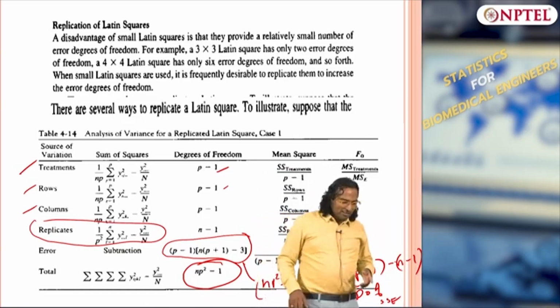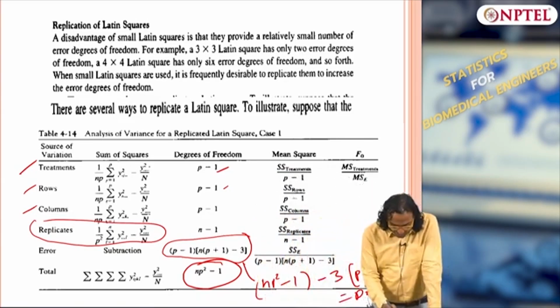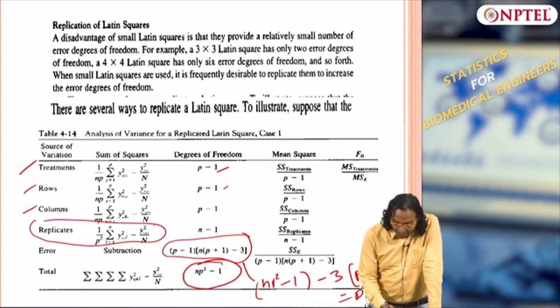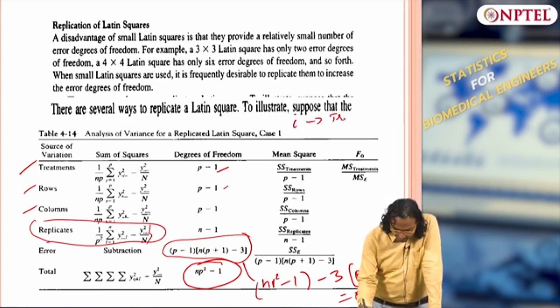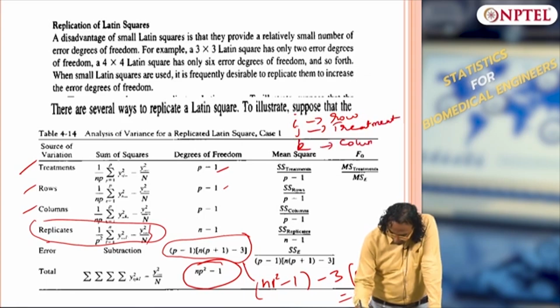Okay. So if you look at the formula, it will always be the same: y i square minus y triple dot, the grand mean, y 4 dot square divided by n. And for replicates it will be y triple dot L square, where L is the replicate index. I is the row, J I have noted here as treatment, K as column, L as replicates.